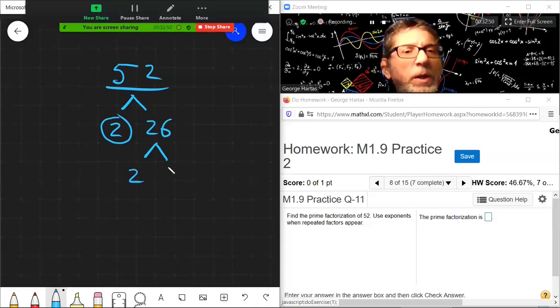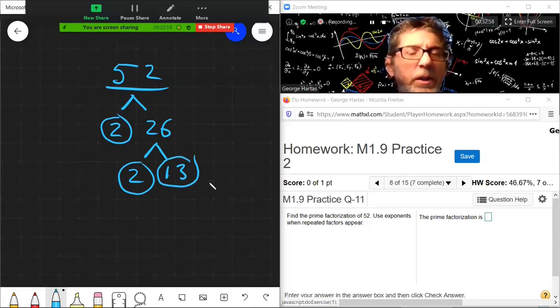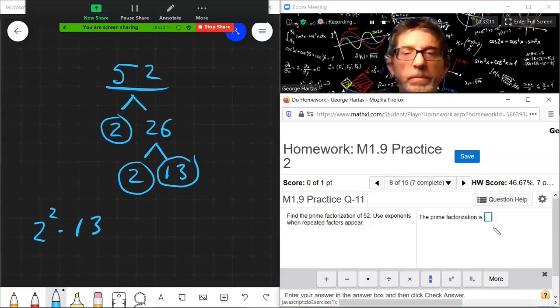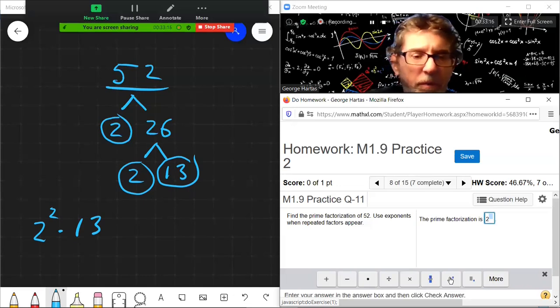And you said 2 times 13, correct? 2 is prime. Is 13 prime? Yes, you said, correct. So we have two twos times 13. And then once your cursor's in the exponent here, just simply right arrow to bring it back down. And then you can type in the dot 13.